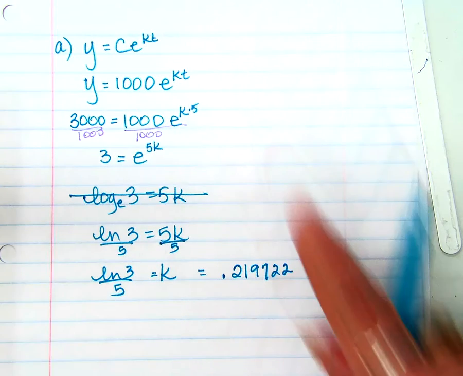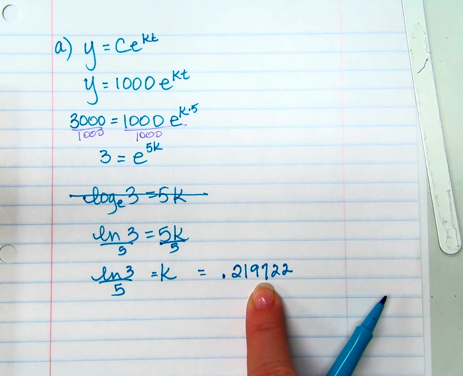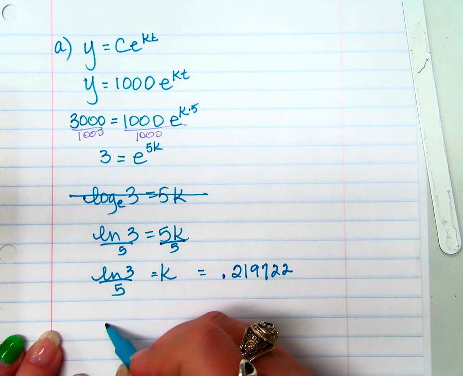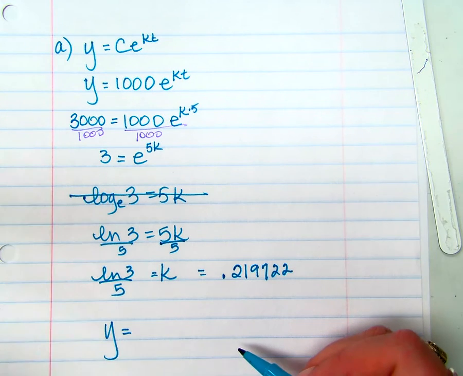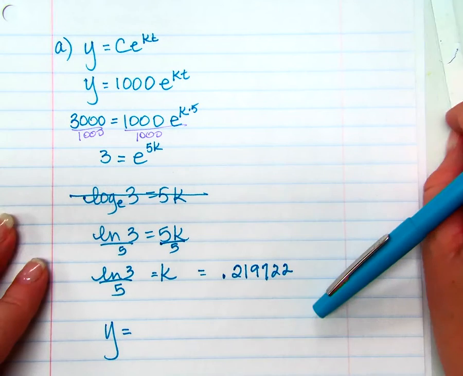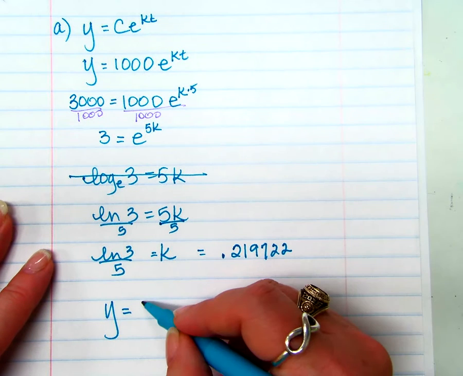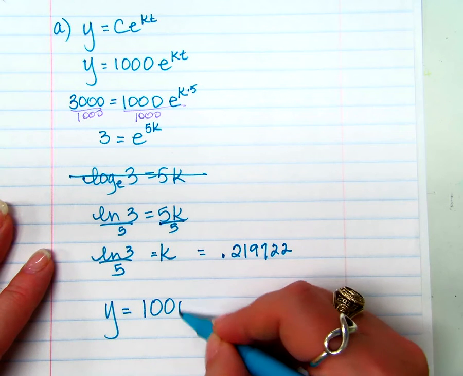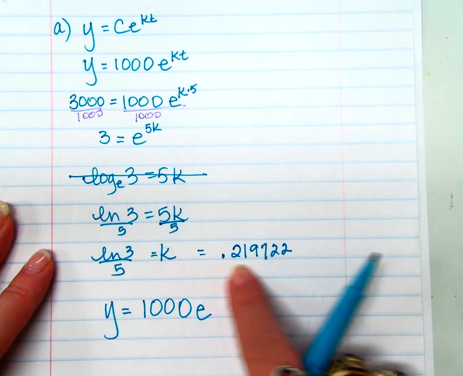Write an expression for y at any time. So this isn't my expression for y yet, is it? So y is going to equal what? What's my expression for y here? What do I know? 1,000 e. Don't I know k now?